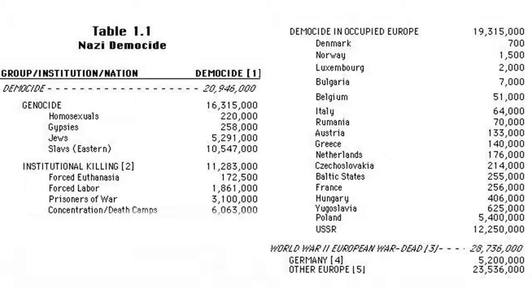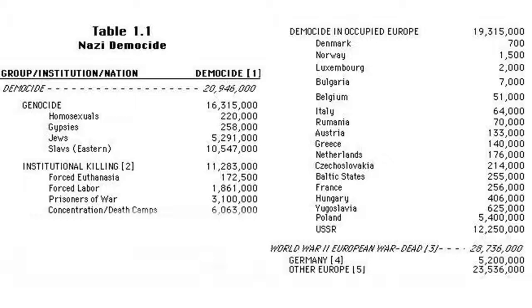So it's a government undertaking this, and if you look at this, the Germans killed approximately 20 million people, and this, as you can see, includes a number of groups. Forced euthanasia is when people are forcibly killed, so people at mental facilities or otherwise physically incapacitated. Prisoners of war, concentration, and death camps.